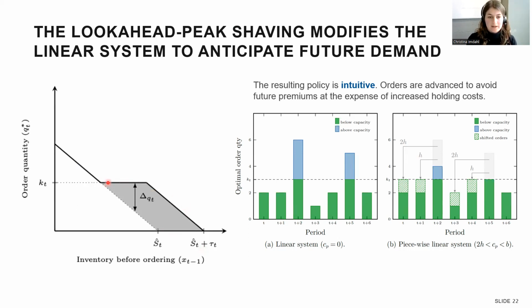And this is this gray area here. A unit that is ordered as part of this gray area is additionally ordered under the generalized base stock policy in comparison to the optimal policy in the linear setting. And this is what we call the peak shaved quantity. This is how many units of the future periods we are advancing to the current period.